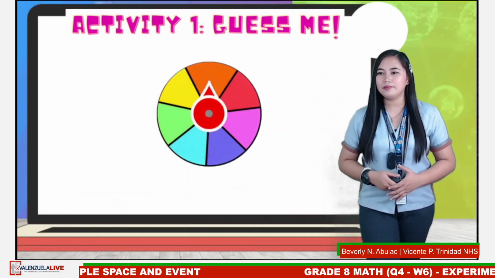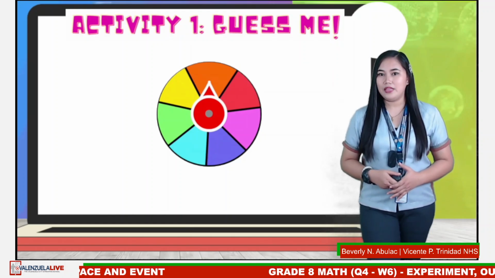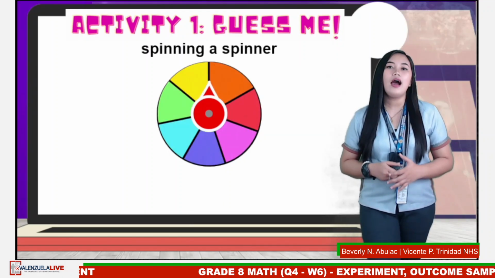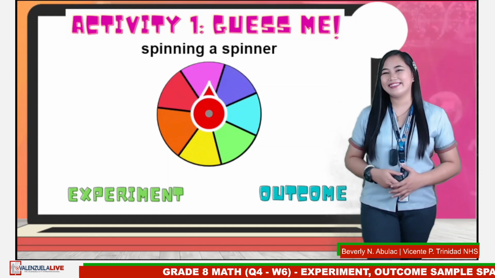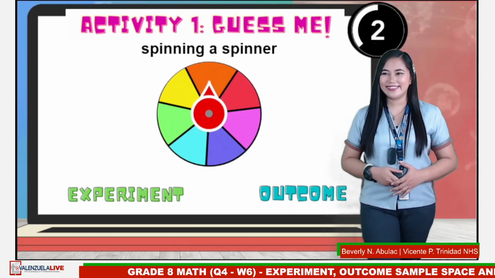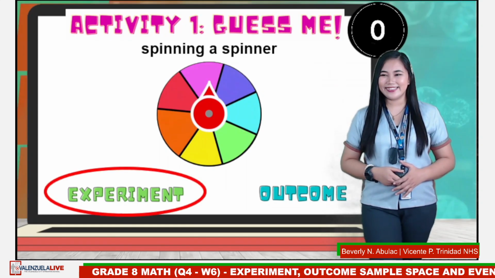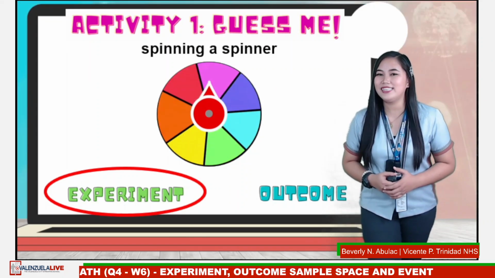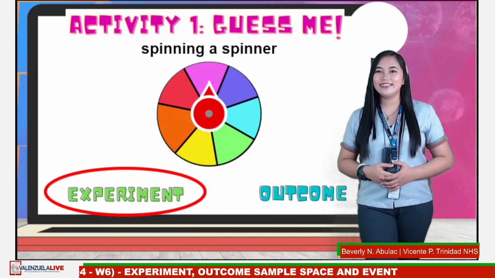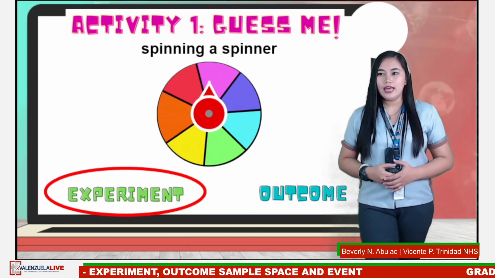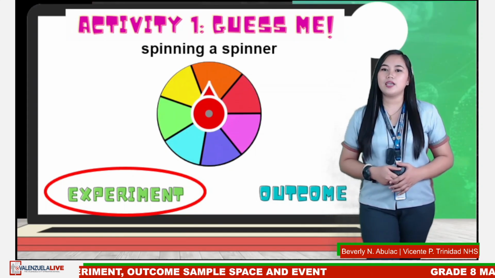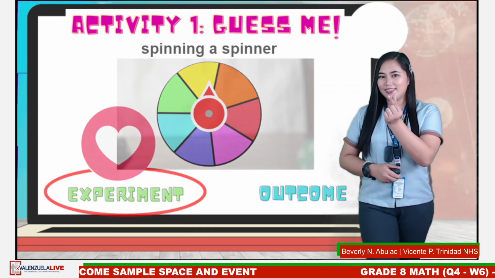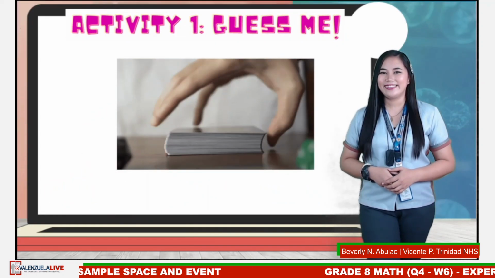The next one, spinning a spinner. Is it an experiment or an outcome? Time's up. Are you done pressing the correct react button? Great! The answer is experiment. Therefore, you should be able to press the heart react button.